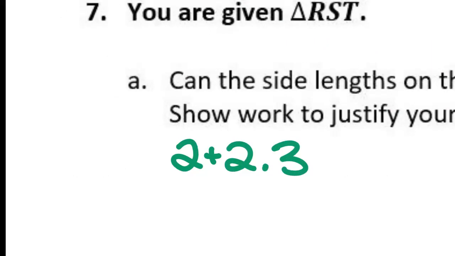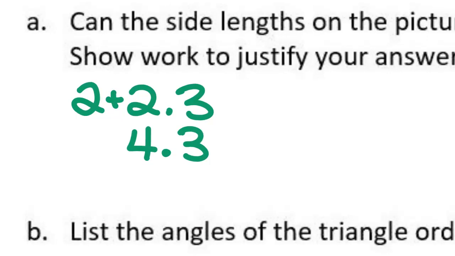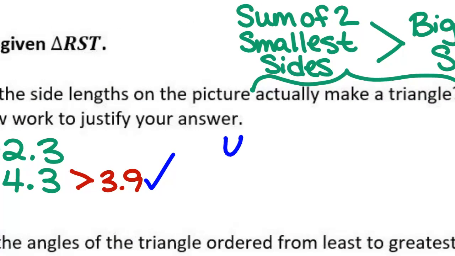What do you get when you add 2 and 2.3? You get 4.3. Oops, not 4.5, 4.3. Is 4.3 greater than 3.9? Yes. So can these make a triangle? Yes.